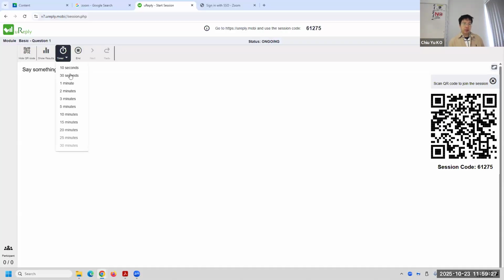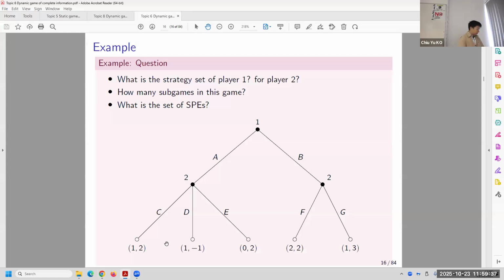Let me use this timer. Don't look at the answer. The answer is in the book, or in the slide, but try to do it on your own. I'll go over it at the same time.